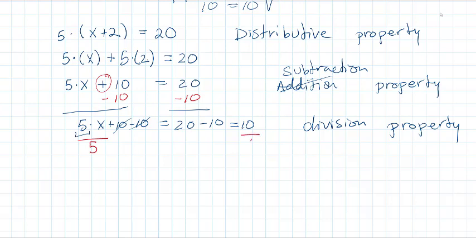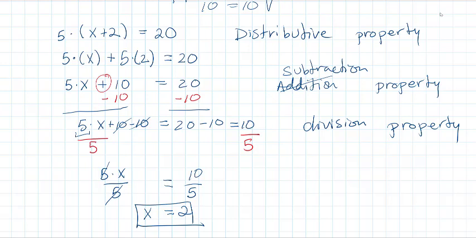And here again, I've used the fraction as a symbol for division. So we have 5 times x divided by 5 equals 10/5. And now the 5 in the numerator and the 5 in the denominator cancel, and we're left with x equals 2. And that is our result, 2, because 10 divided by 5 is just 2.